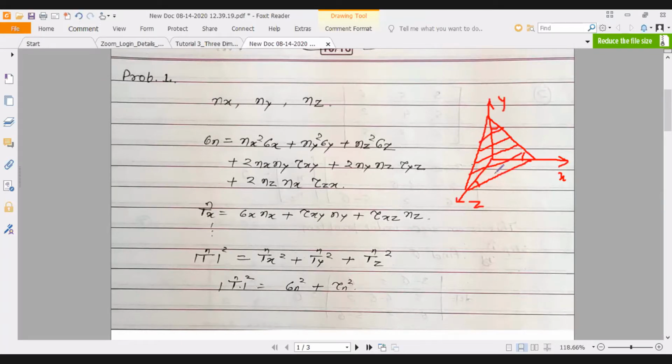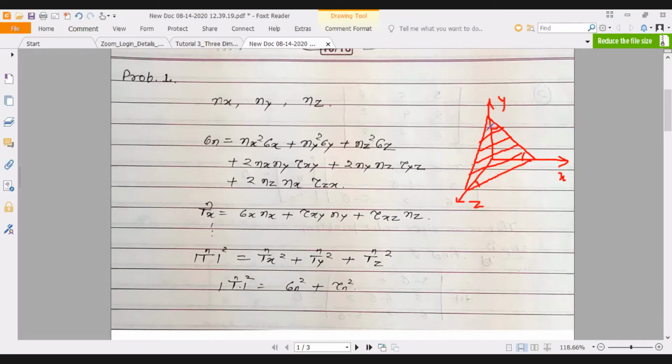How do you calculate the direction cosines nx, ny and nz? To determine the direction cosines, you should know the basics of vector calculus, so here I am explaining that procedure very briefly.